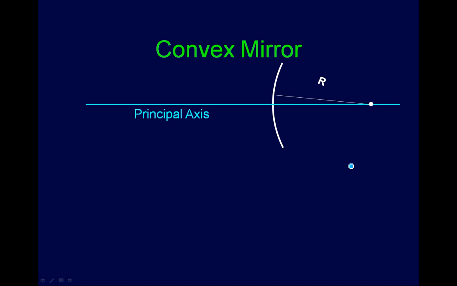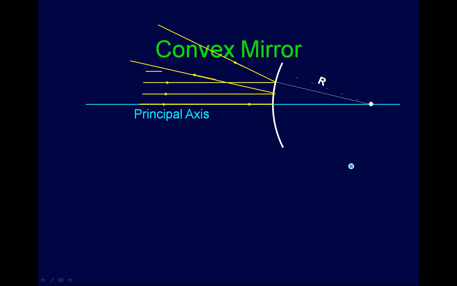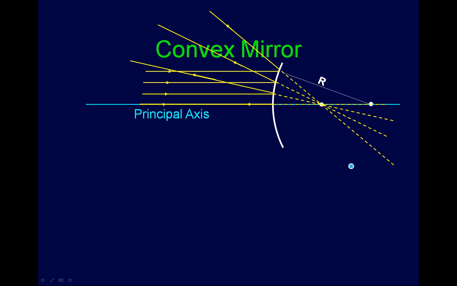For a convex mirror, there'll be a lot of similarities, but here, instead of focusing the light, it makes the light more diffuse. Instead of bringing the light beams together, it makes the light rays spread out. But if you take these light rays and backtrack them, it looks like they're leaving from a point which is that same focus.